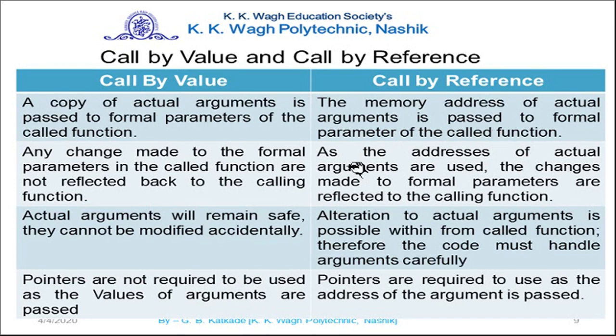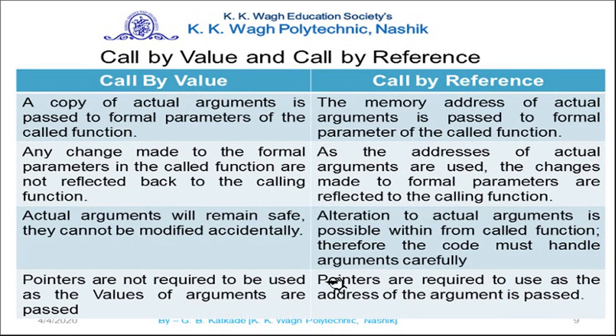In call by value, modifications done to the formal parameters are not reflected back to the calling function. In case of call by reference, modifications performed on the formal parameters are reflected back to the calling program or actual parameters.